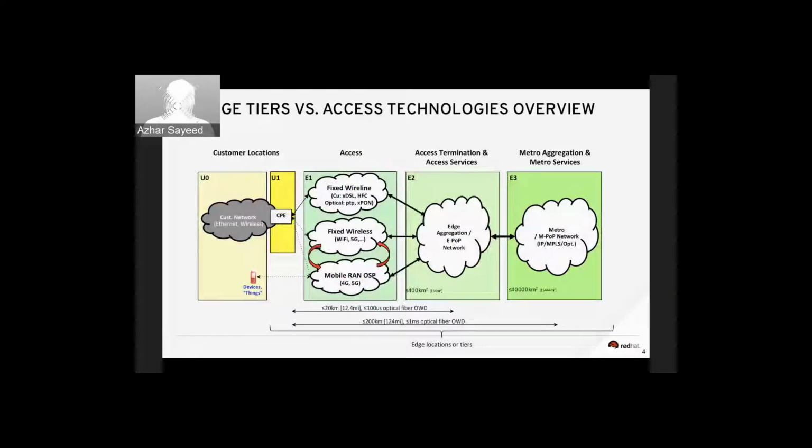Now, we know in a telco space, typically a provider network can be subclassified into many different tiers. Not all these tiers apply to every single provider in the world, because geographically some of these tiers are merged, and in smaller countries, and in countries like the US, Canada and Australia, you might have a much more enhanced set of tiers.